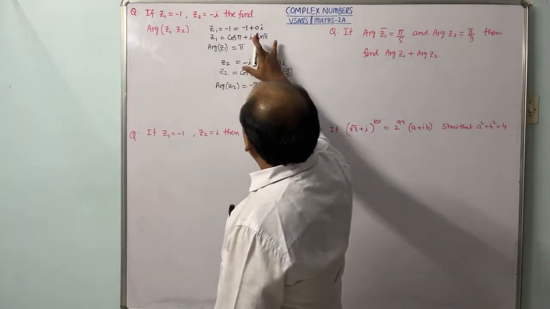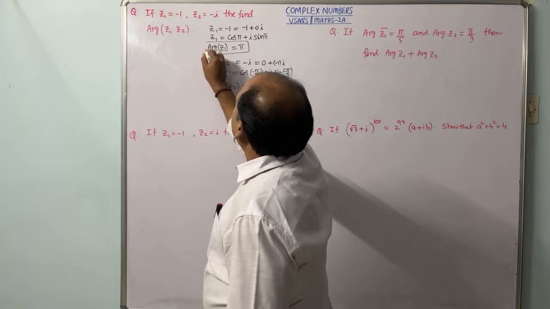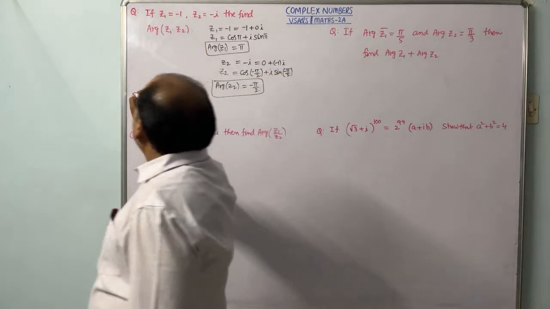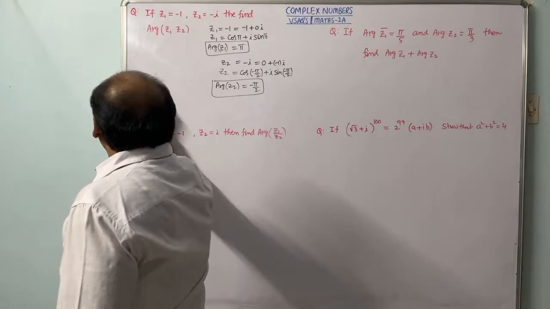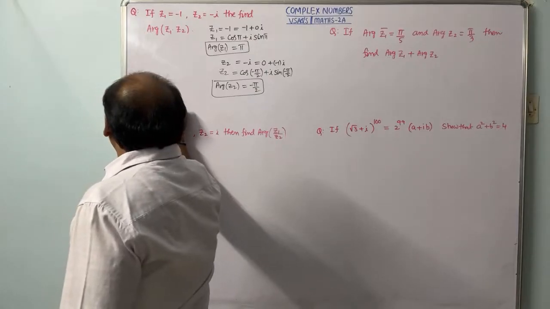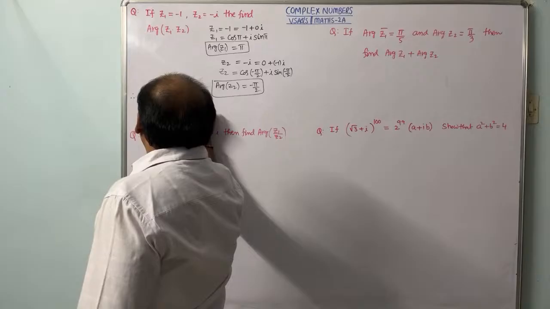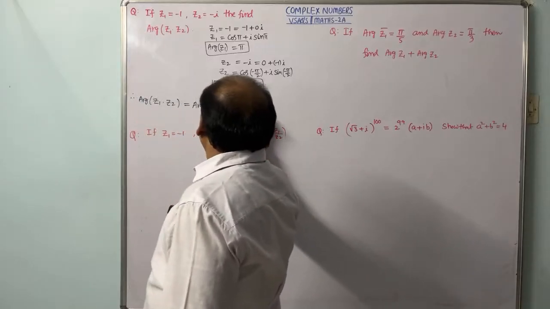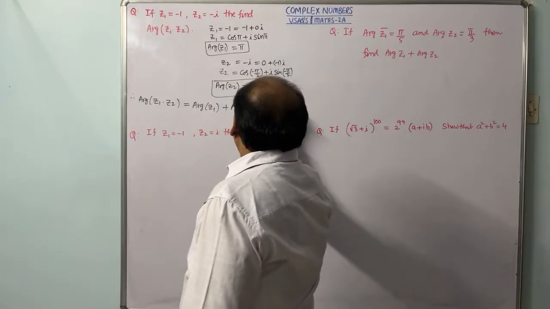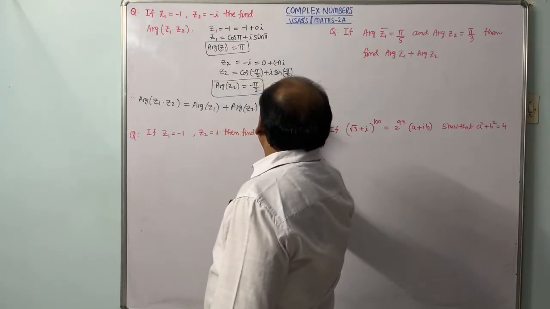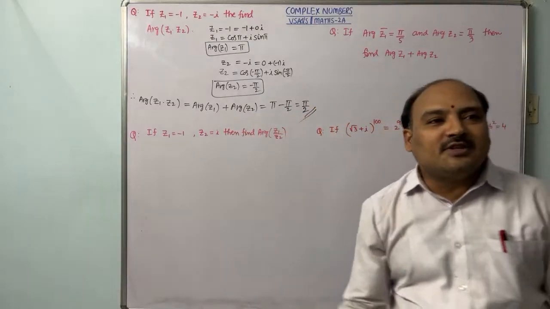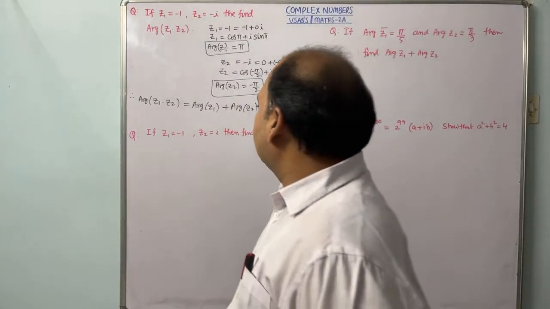For calculating argument of z1 and argument of z2, 1 mark will come. Next, argument of z1 into z2. So argument of z1 plus argument of z2, pi minus pi by 2, which is equal to pi by 2. Our answer is over. This is the way we can do, dear students.